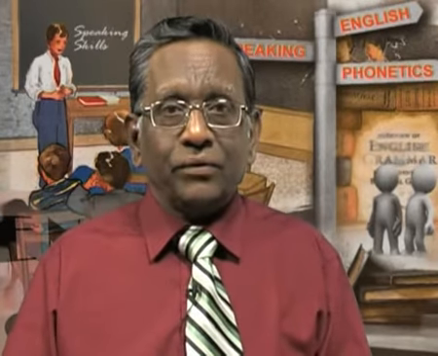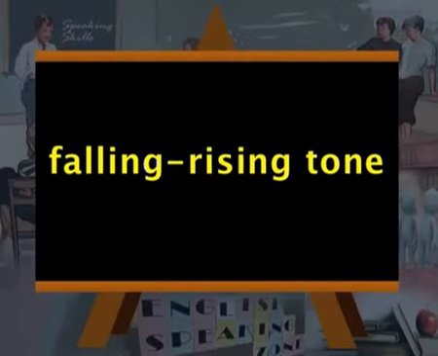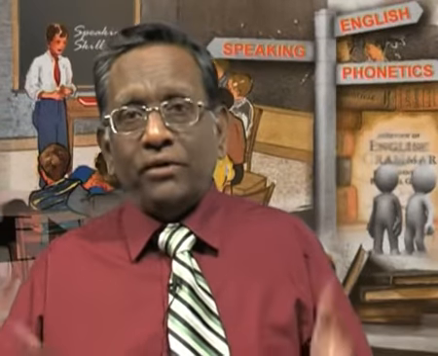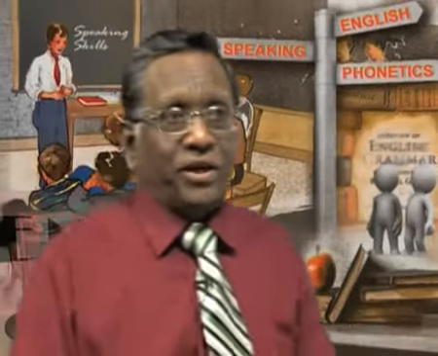Fourth time, when I said, "Are you married?" And I say, "Yes," this is a tone which is known as a falling rising tone. The meaning it conveys is, I am married, no doubt, but my wife ran away a long time back. This is the meaning it conveys.